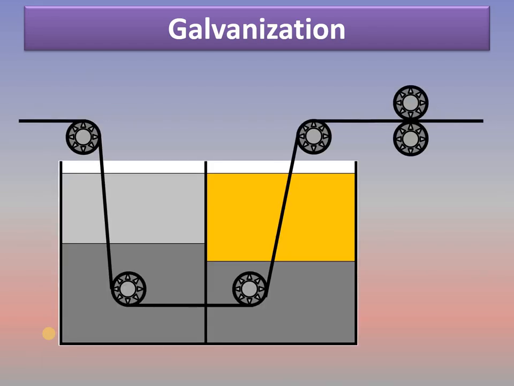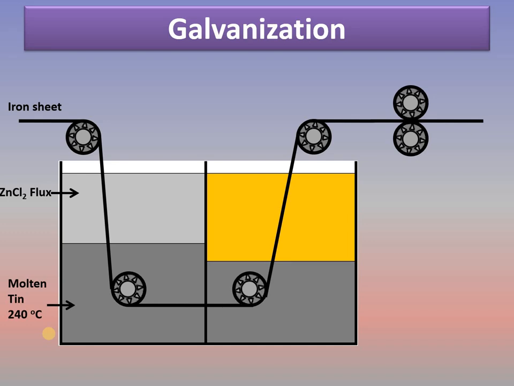Now, here is the diagrammatic representation of the tinning process. First, the iron article or iron sheet is to be coated by the tin. This process consists of three compartments. The first compartment is the zinc chloride flux, then molten tin which is maintained at 240 degrees Celsius, and the palm oil compartment.